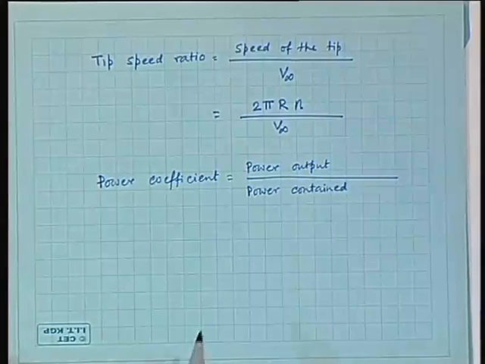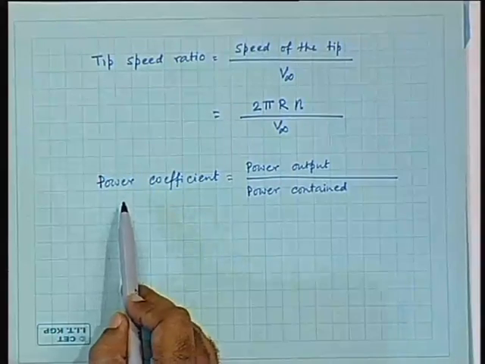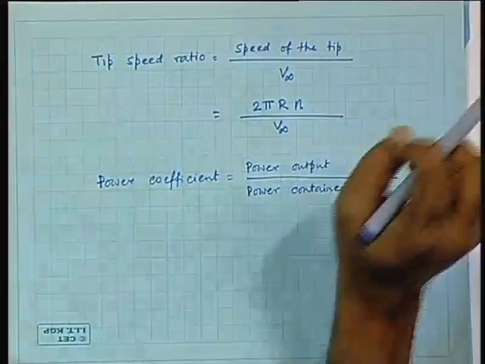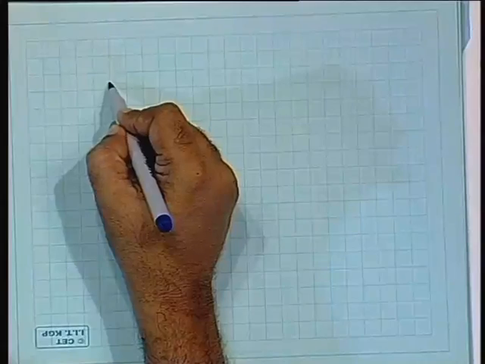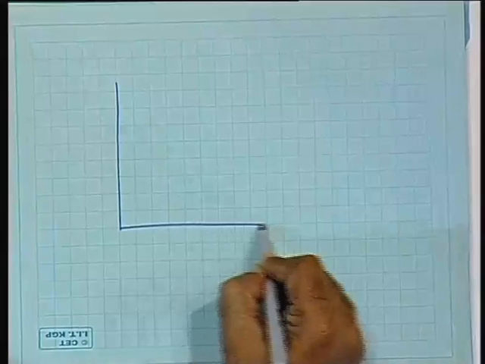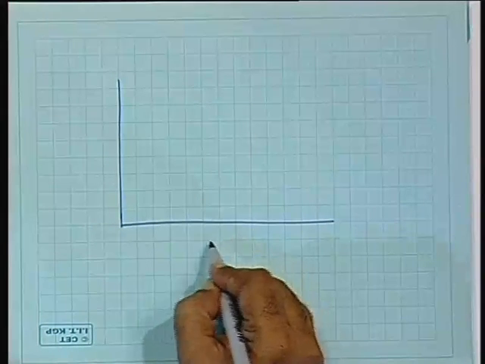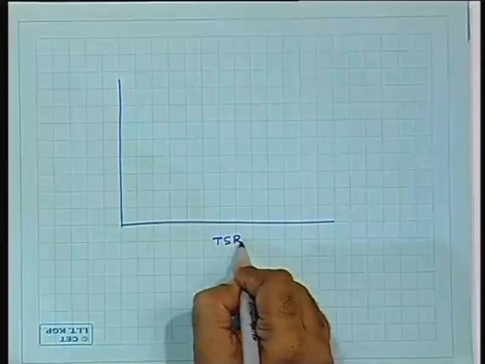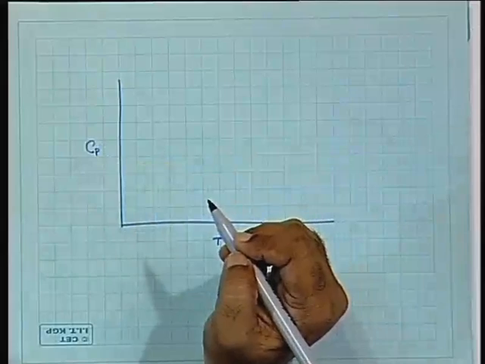Now it so happens that for every wind turbine, there is a distinct relationship between the power coefficient and the tip speed ratio. And the graph would be something like this. So this is the tip speed ratio, TSR in the x-axis, and the power coefficient Cp in the y-axis.